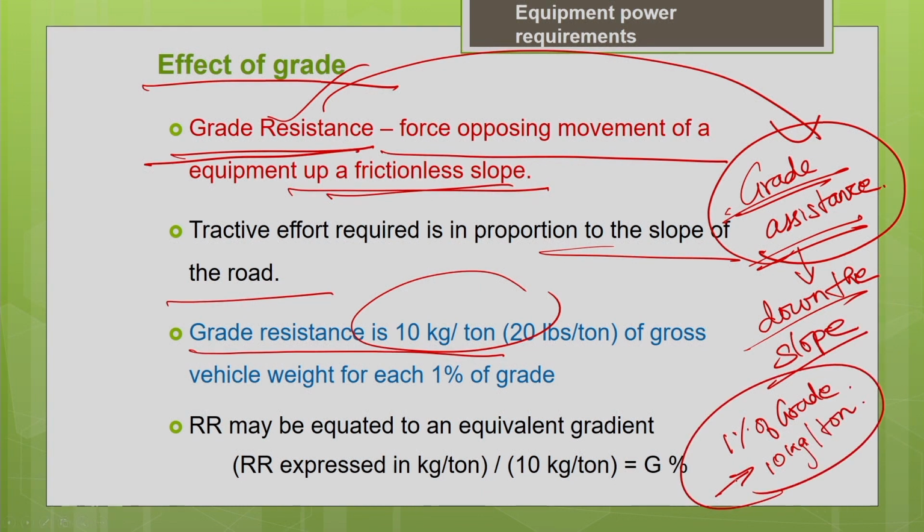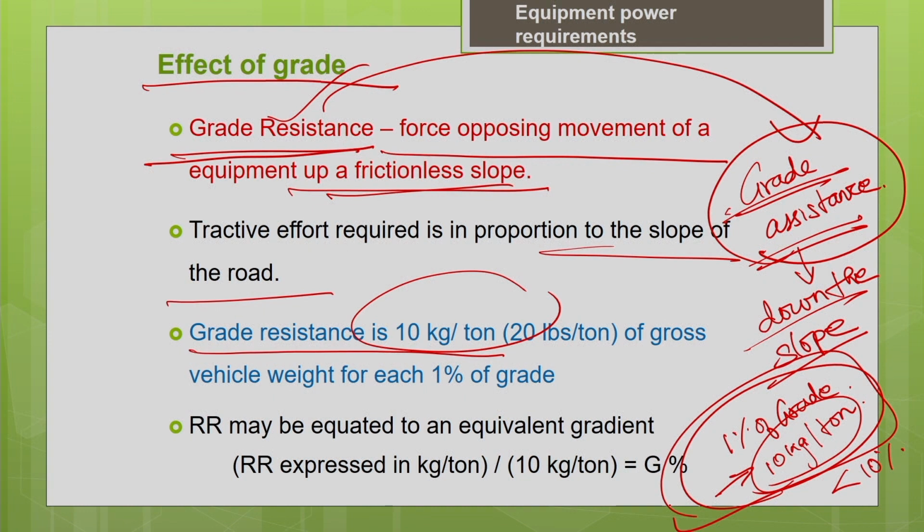This is a simple guideline which is worked out in the literature. You can easily find it. So for 1% of grade, the grade resistance is 10 kg per ton. This guideline will be valid for smaller slopes, say less than 10%. You can go by this guideline.